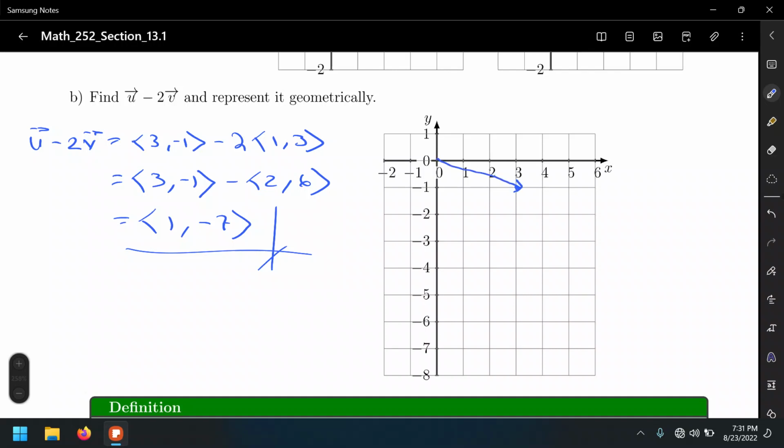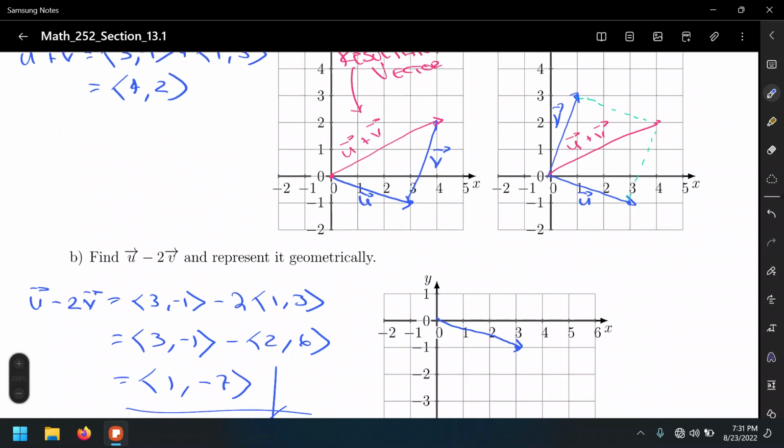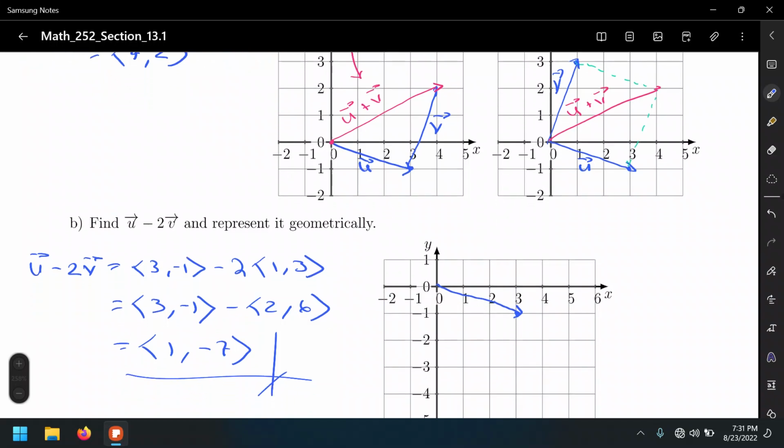Okay? And then in this case, let's suppose that we didn't have that negative and we didn't have that 2. Well, we already did v, right? We already had it in this direction. But what we're going to do this time is, because of the negative sign in front, that's going to send the vector to the opposite direction. So instead of going 1 unit to the right and 3 units up, I'm going to go 1 unit to the left and 3 units down.